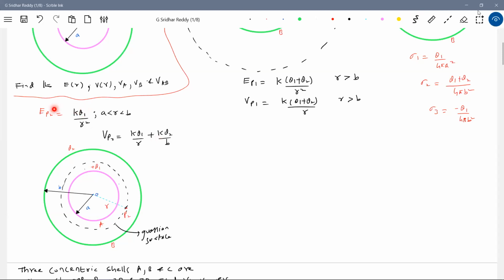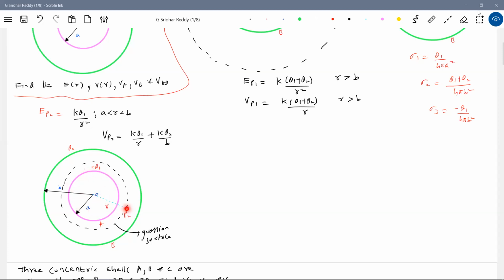When it comes to field, we took Gauss law. The net charge enclosed by the Gaussian surface will contribute field there. When it comes to potential, we took superposition. The charge on all surfaces will contribute here. Q1 will contribute potential, Q2 also will contribute. Point P2 lies outside this shell, so KQ1 by R. Then you assume that this inner shell is not there.